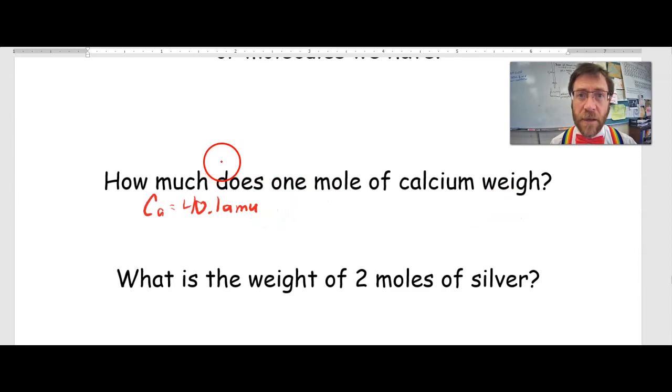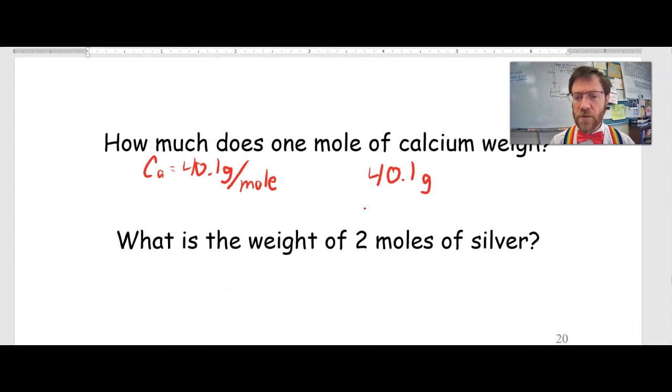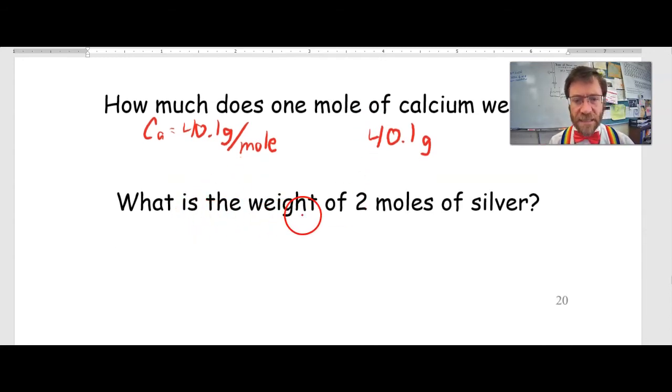Well, watch. I'm going to convert atomic mass units to grams per mole. Watch carefully. There, I did that. Nice. I got the conversion right. So if it's 1 mole, it's 40.1 grams. Easy, right?